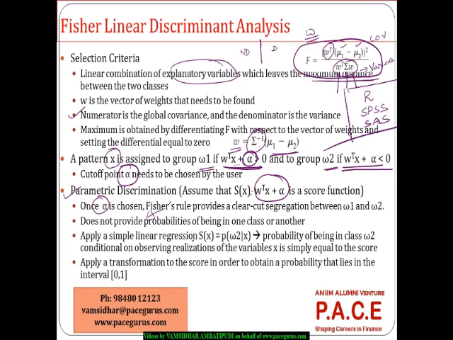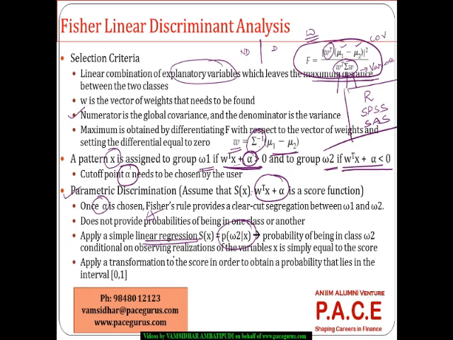Now this is where we talk about a slightly different model. If my intention is to come out with the probability of default, I take W transpose X plus alpha, that is S of X, and take that value as the probability of belonging to group W2 given X, and based on that do a linear regression.